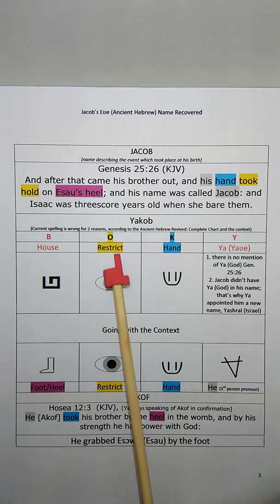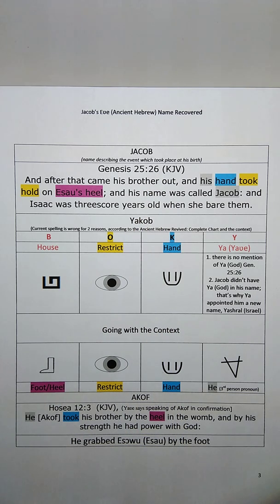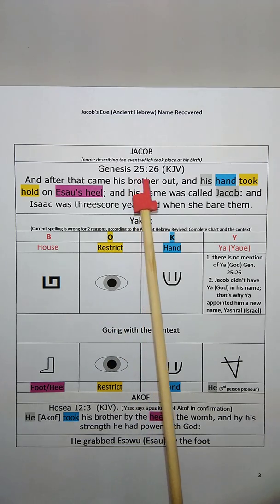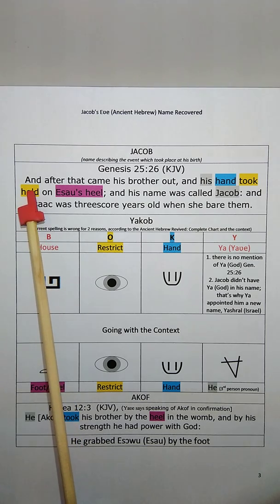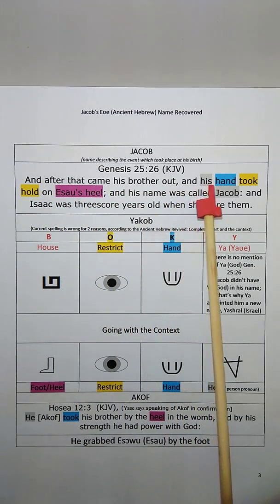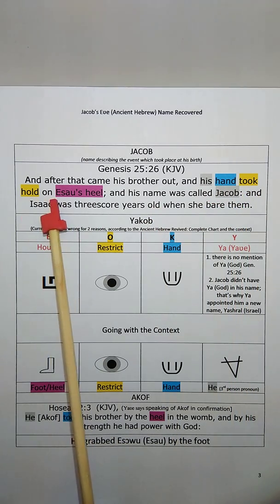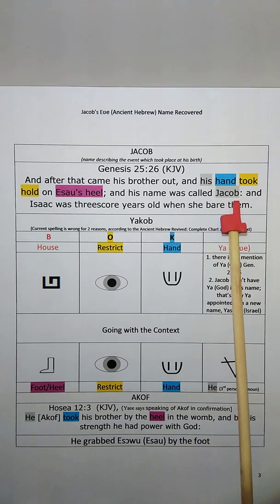According to Genesis chapter 25, verse 26, Jacob's name is describing the event which took place at his birth. In Genesis chapter 25, verse 26, from the King James Version, we read, "And after that came his brother out, and his hand took hold on Esau's heel, and his name was called Jacob.